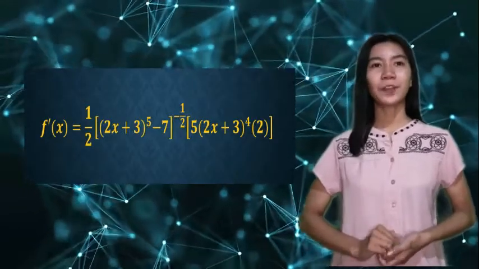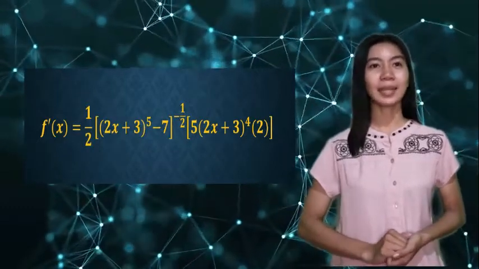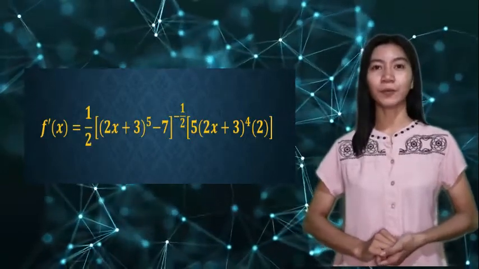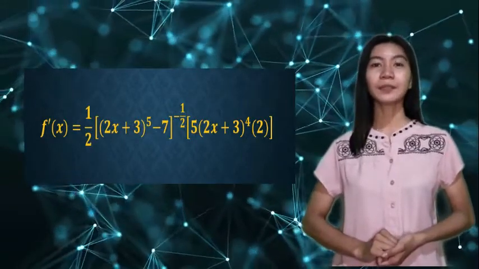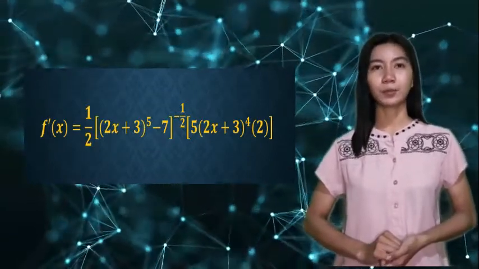We still need to take the derivative of 2x plus 3. The derivative of 2x is 2 and the derivative of 3 is 0. So, we have f prime of x equals 1/2 multiplied by (2x plus 3 raised to 5, minus 7) raised to negative 1/2 multiplied by 5 multiplied by (2x plus 3) raised to 4 multiplied by 2.